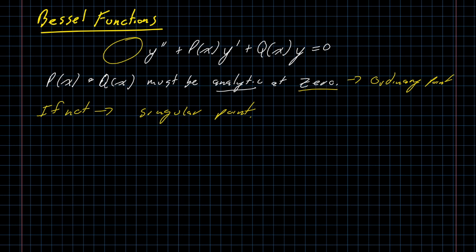Most of the time, when you're looking at a second order differential equation, there is some coefficient here that is not 1. And you have to divide by it on both sides of the equation to get the equation into this form. If the thing you're dividing by happens to be 0 when x is equal to 0, you divided by 0, you've created a singularity, we have a singular point.